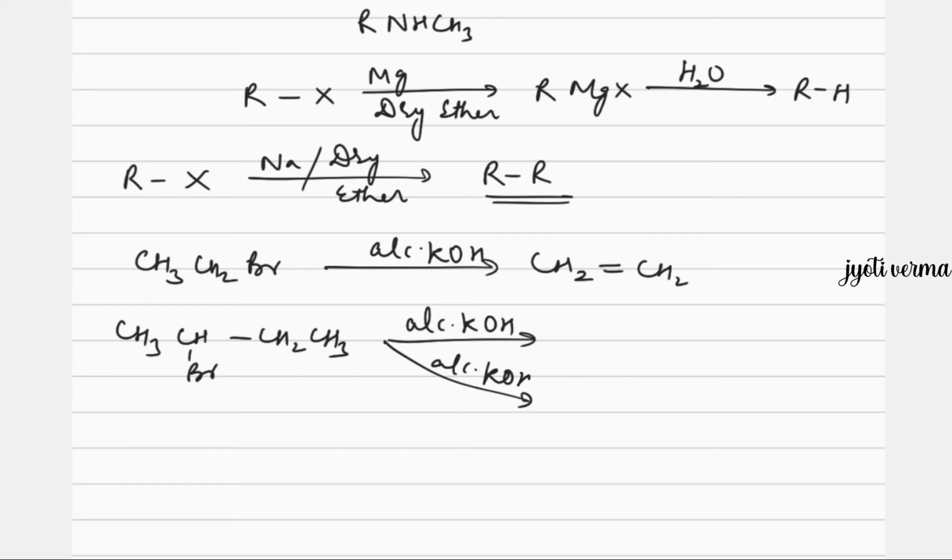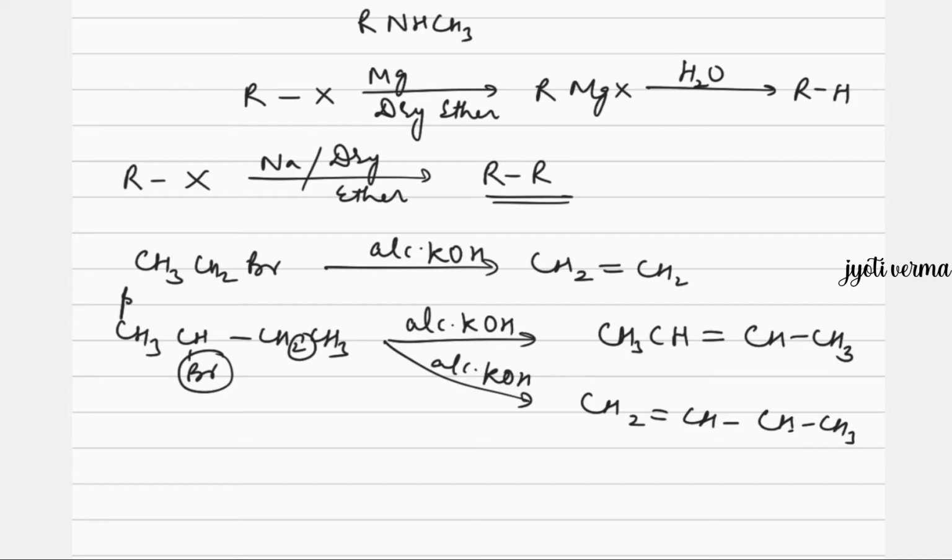One is that H from here, Br from here, and the product obtained will be CH3CH=CHCH3. The other possibility is that H goes from this beta carbon and Br from here, then we will get CH2=CHCH2CH3 as a product. So but-2-ene or but-1-ene, but-2-ene will be the major product according to Saytzeff's rule.